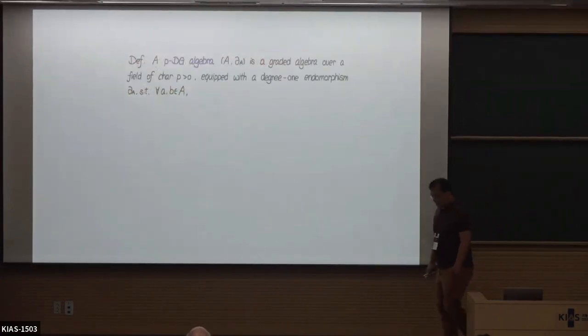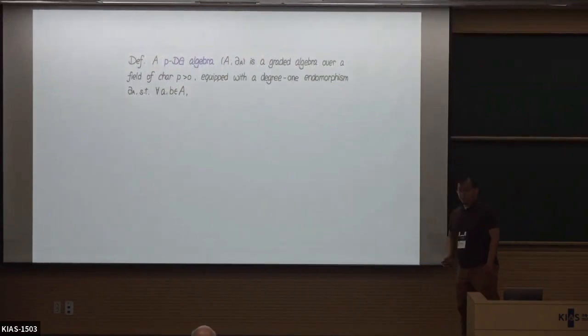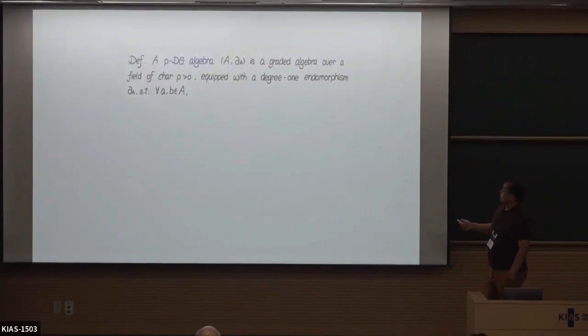So now let's seek an analog of this construction in the p-complex world. In characteristic p, a p-dg algebra is going to be a graded algebra over a field of characteristic p, equipped with a degree 1 nilpotent differential d_A, such that d to the pth power is identically 0, and d acts as a derivation.